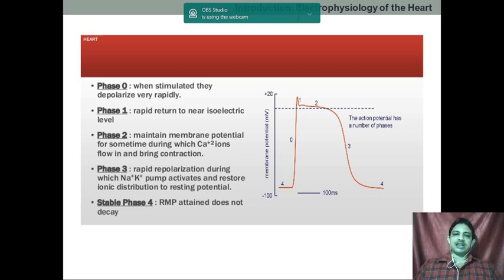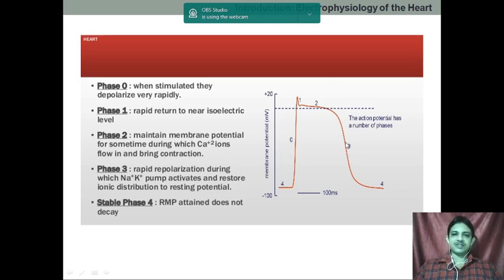The sodium channel is getting closed here, and in phase 2 the membrane potential is maintained for some time, during which calcium ions flow in. Sodium is blocked, calcium flows, so it maintains a balance and brings the contraction. Next is phase 3.